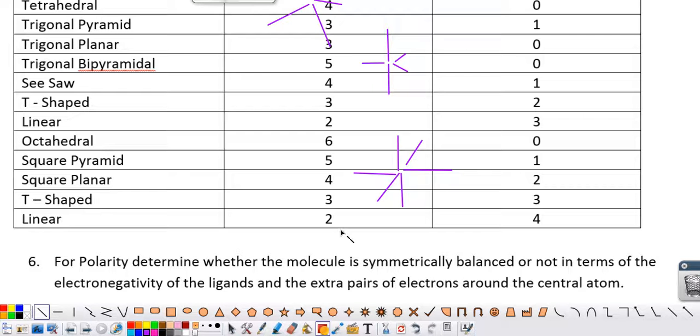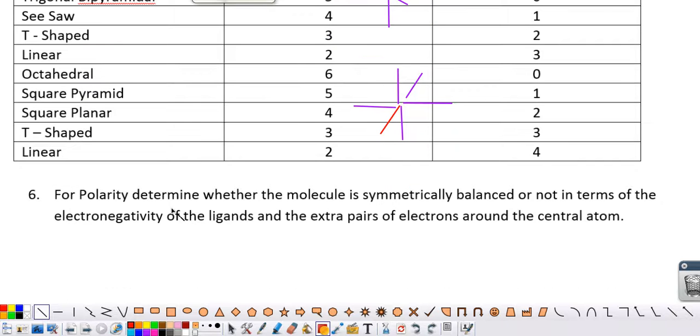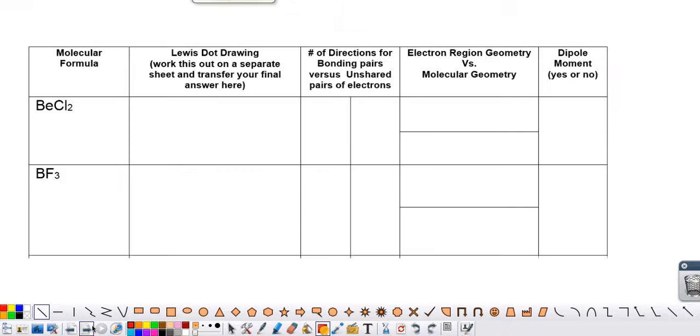If, however, instead of octahedral, which is 6 and 0, if it was 5 and 1, here we go, 1, 2, 3, 4 balance, but the front and the back don't balance. It'd be polar. A lot of times we look at whether or not there is symmetry in the way it's built, and then in the elements on the outside are all identical.